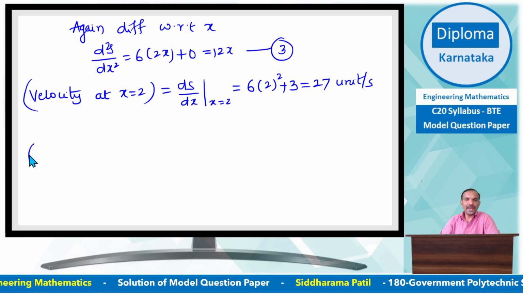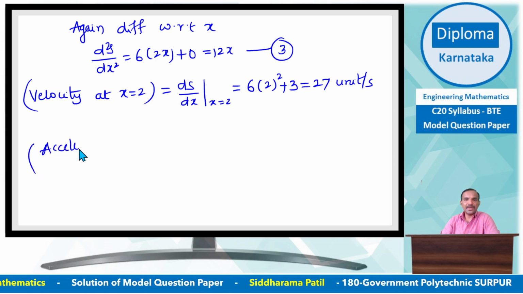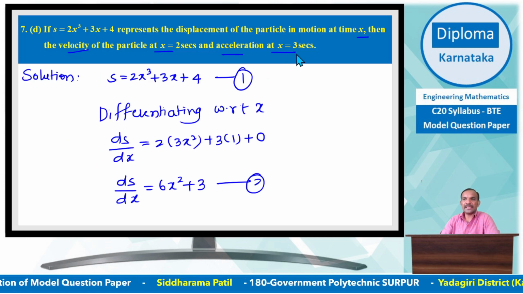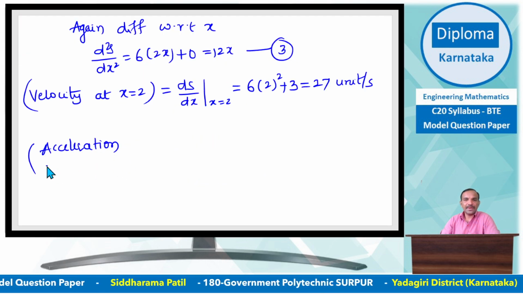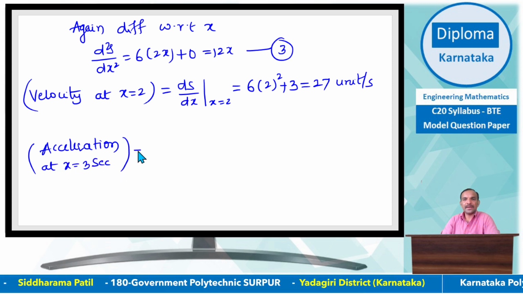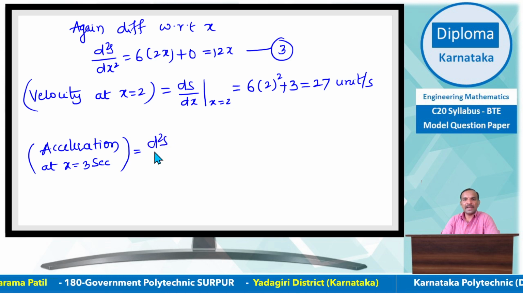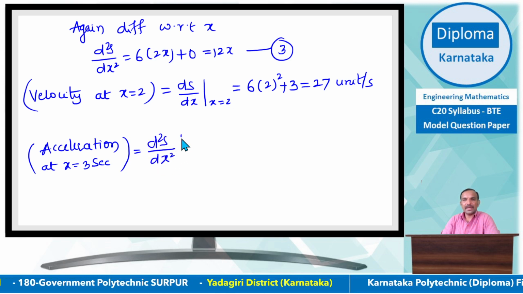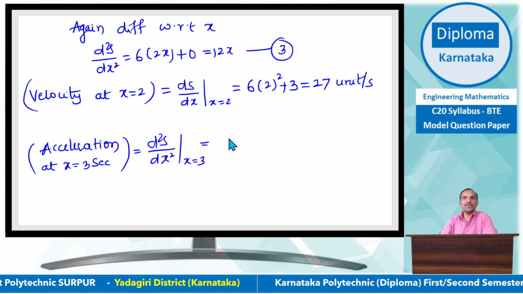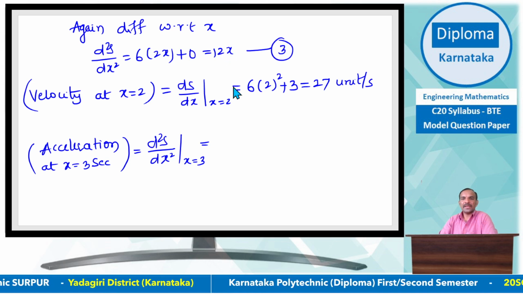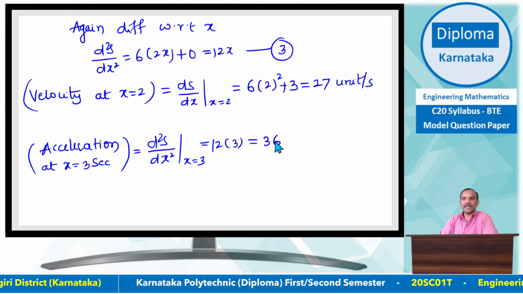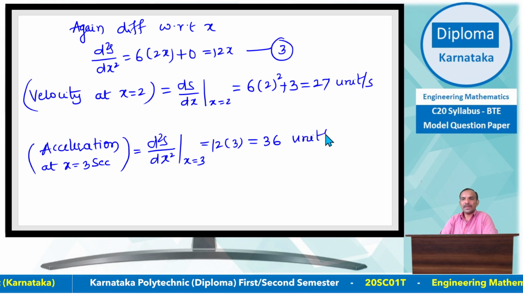Next, acceleration at x equal to 3 seconds is equal to d square s by dx square at x equal to 3, that is 12x, which is 12 into 3, equal to 36 units per second square.